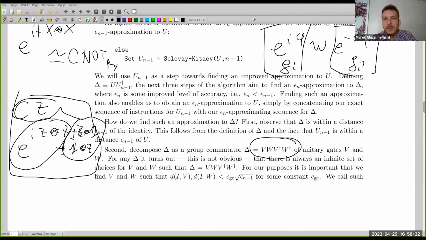Once we find this group commutator decomposition, we are done. GC decomposition. Decompose. Okay, so decompose delta as a group commutator.